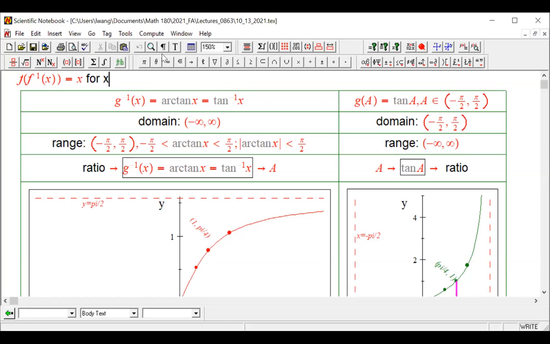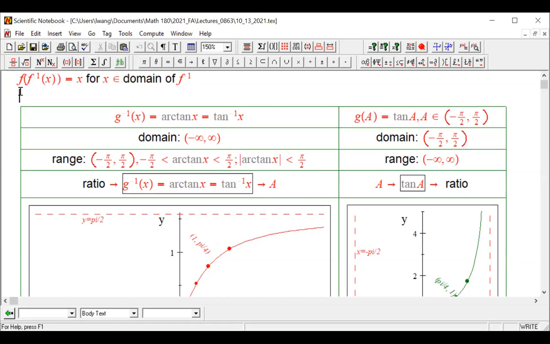For x in the domain of F inverse. Remember this property we have used over and over again?